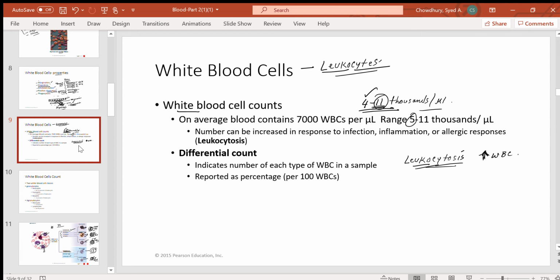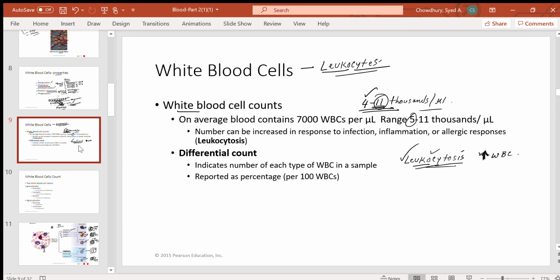Sometimes it's difficult to know if you have an internal infection. If you count the white blood cells and see the number is slightly higher, that is one indicator that somewhere inside the body you have an infection, and that's why the number is slightly higher, which is normal.